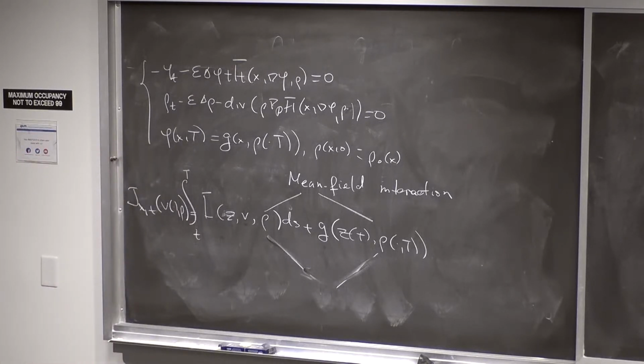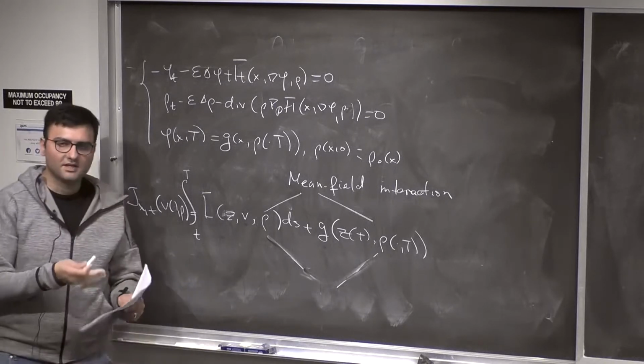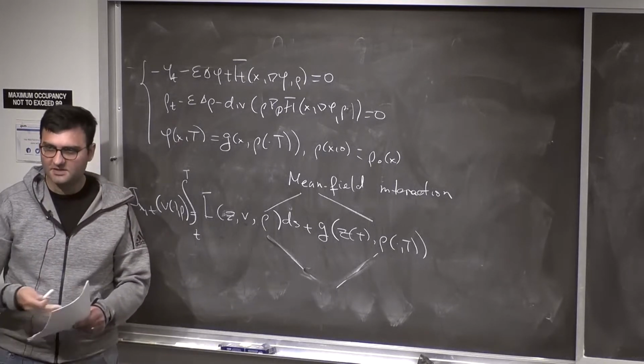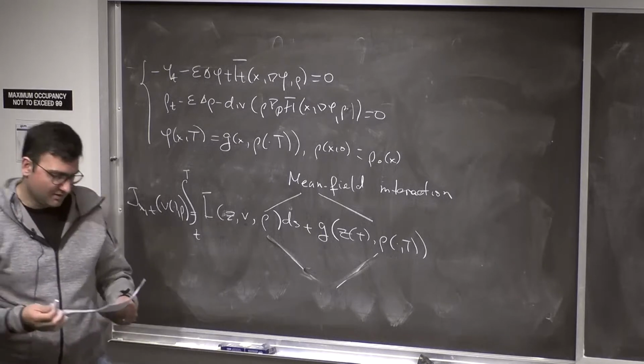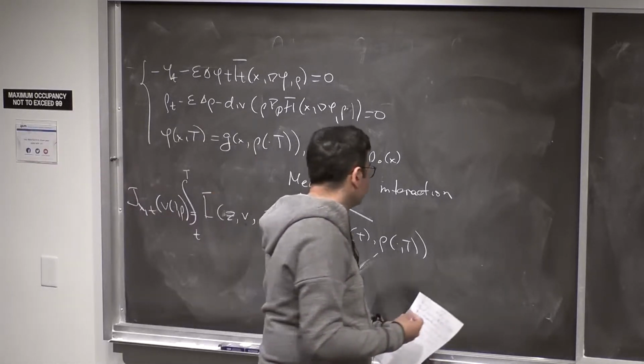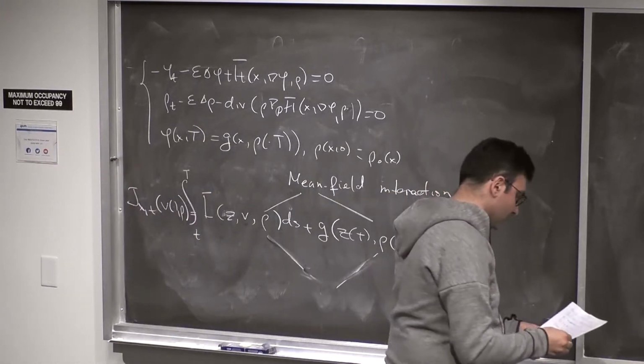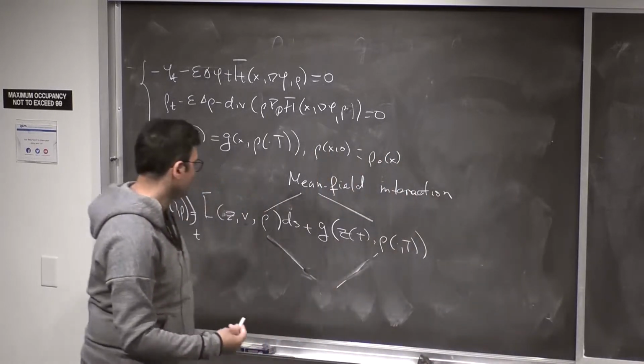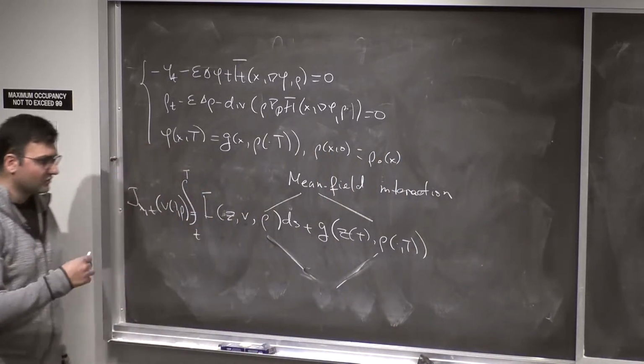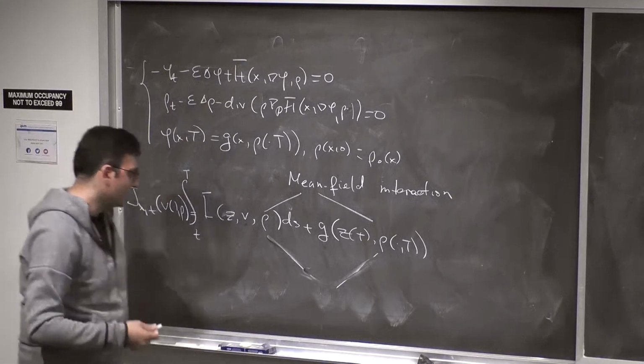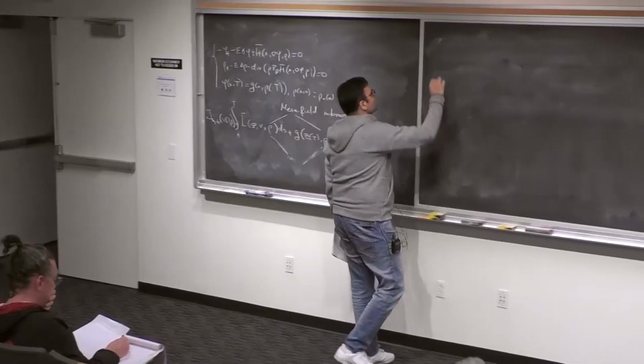If we consider different types of interactions, we get different types of mean field games. This is how we model different scenarios. Let me give you one example of this Lagrangian, which is one of the most studied ones so far.